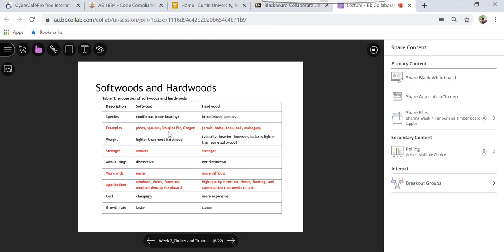So for general door frames, window frames, and furniture, not high quality furniture but normal furniture, we try to go with softwood, because they don't need to be stronger, and because they don't work as structural members. So that's how we select timber for different applications.